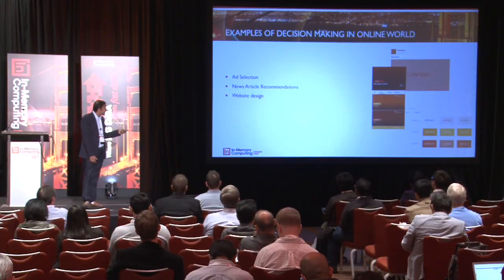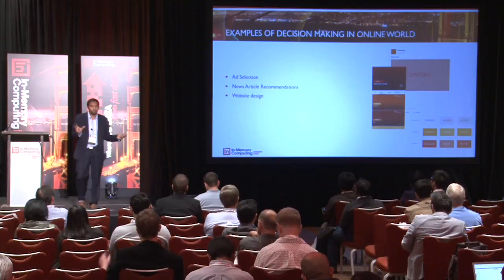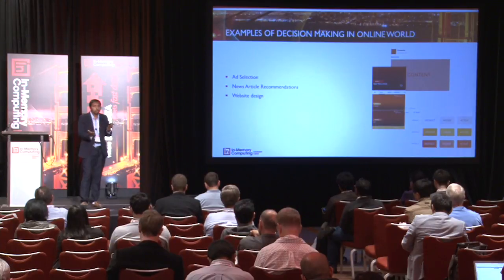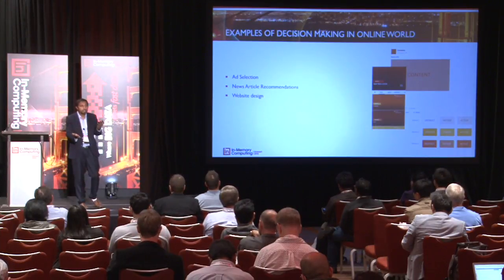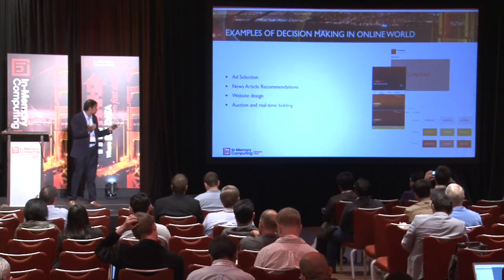Website design could be thought of as a decision-making problem. There are a bunch of buttons that you want to show with different colors. You can do A/B testing, and A/B testing in some sense is putting it in the wild and trying to figure out what works best. So that can also be thought of as a decision-making problem.